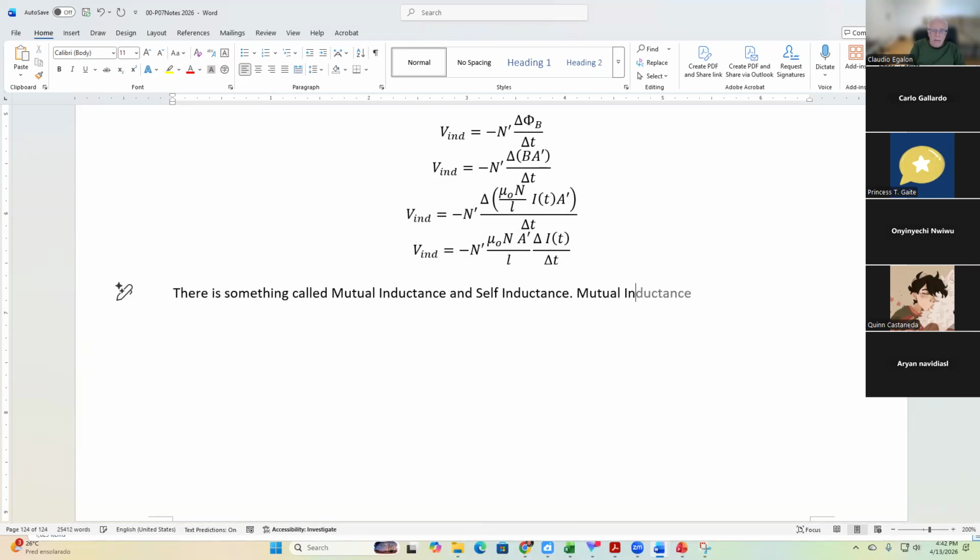Mutual inductance is when one device induces a voltage slash current in another one, which is exactly the illustrated example above.